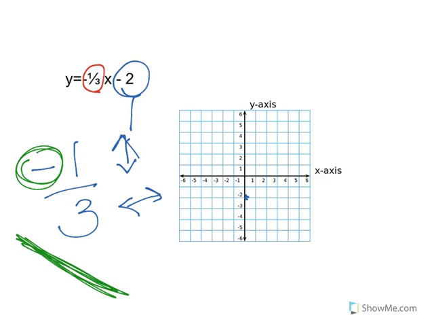Okay, so from our -2 point down there we made already, we're going to go up 1 and over 3 to the left because we really want it to be this direction because it's negative. Okay?